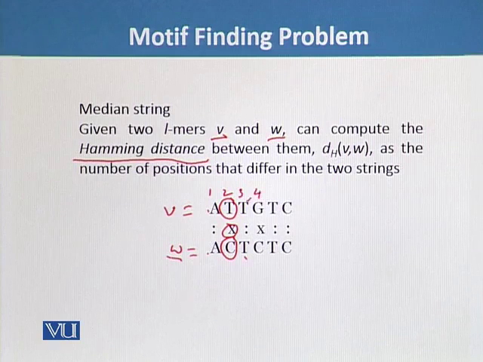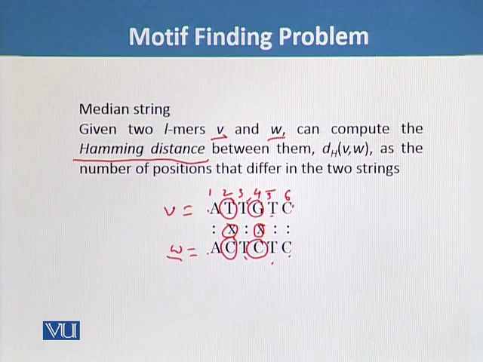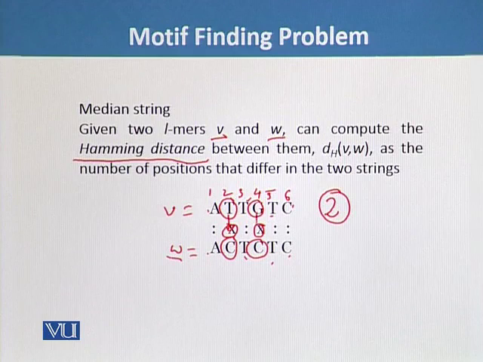In the fourth column again, in the V l-mer it is G, and in the W it is C. So that's why this cross is written. But in the fifth and sixth columns, both the elements within each column are the same. So in this case, in the two l-mers V and W, the Hamming score is 2. One is here and one is here.